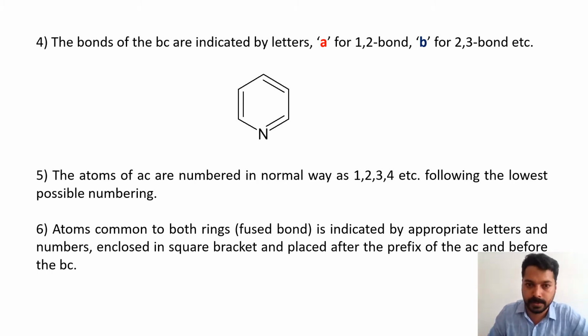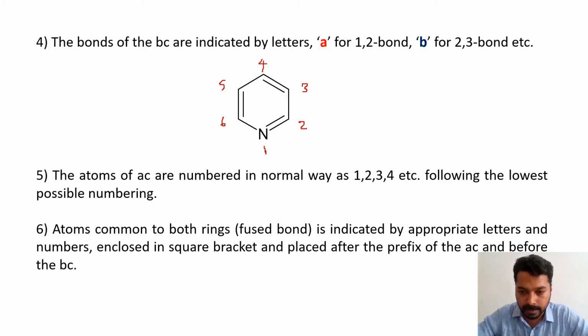This is 1, this is 2, this is 3, 4, 5 and 6. The first number should be given to the heteroatom, and the bond 1-2 will be given the alphabet A. So here this bond will become A.